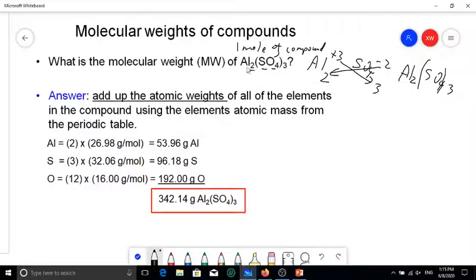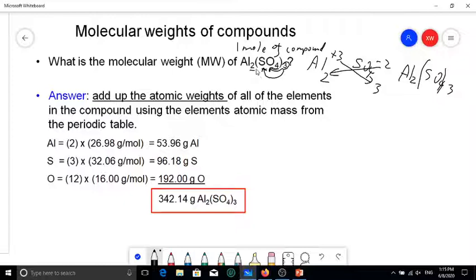There are 2 aluminums in every 1 aluminum sulfate, so the ratio is 2 to 1. In every 1 mole of this compound, there are going to be 2 moles of aluminum. Similarly, you multiply the 3 into everything in the parentheses, so there are technically 3 moles of sulfur and 12 moles of oxygen.